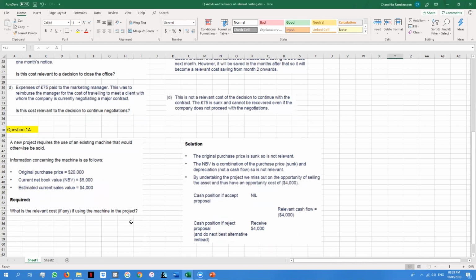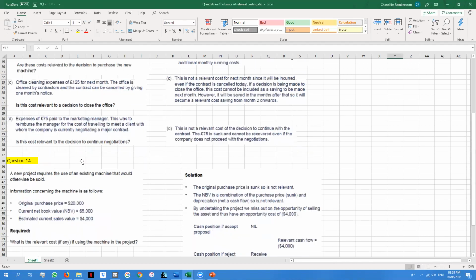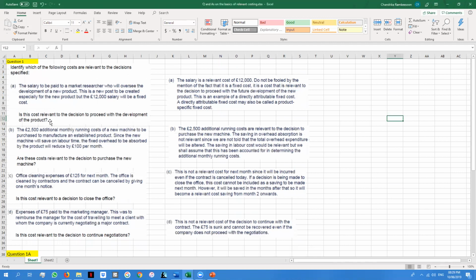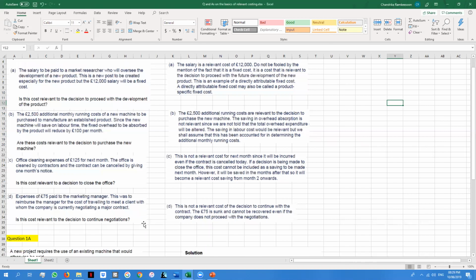So in the exam, look at these questions. You would just ask, is the cost relevant? And as we went through, we saw, for example, one was a committed cost, so it's not relevant. This is an additional cost and incremental, so it is relevant. But we didn't need to actually use the terms. It's just that the terms are specifically applied in certain situations.